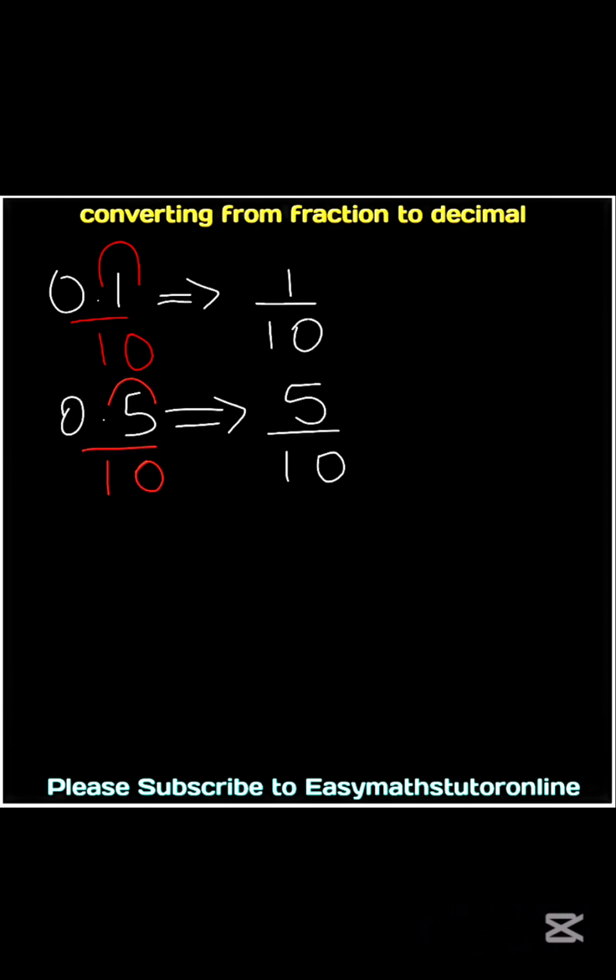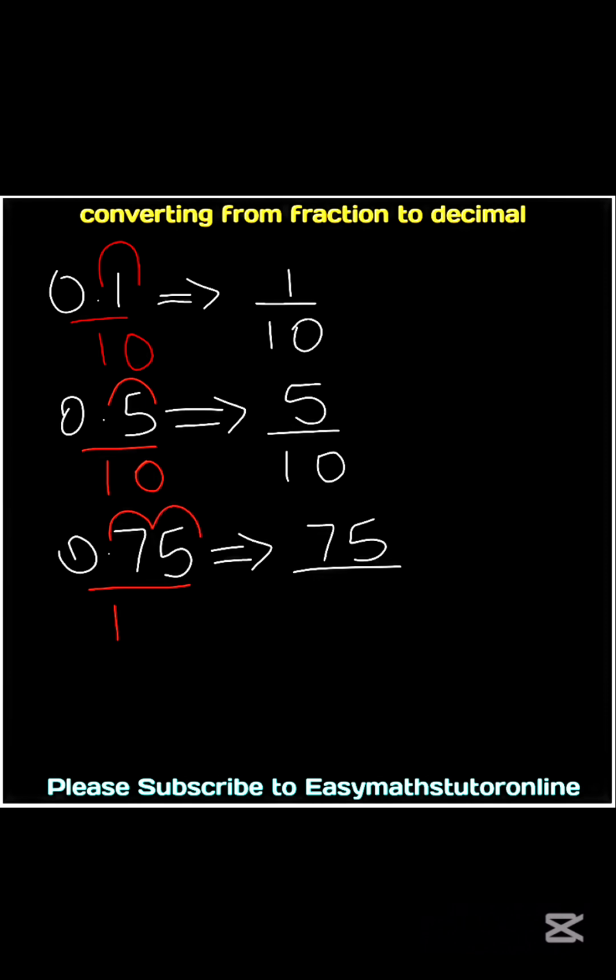Let's look at another example of converting from decimal to fraction. 0.75 converted gives us 75 over 100, because the decimal stands for 1 and 2 decimal places stands for 0. And that's how we got 75 over 100.